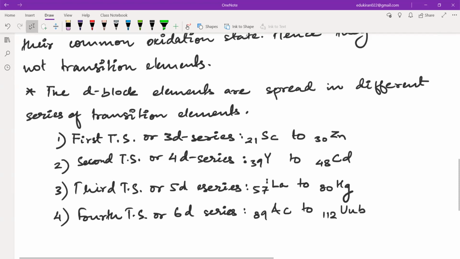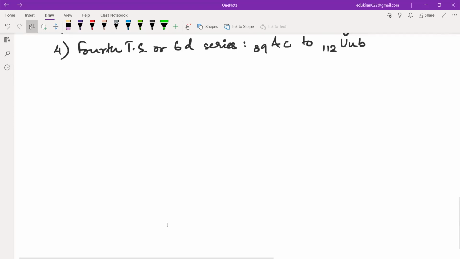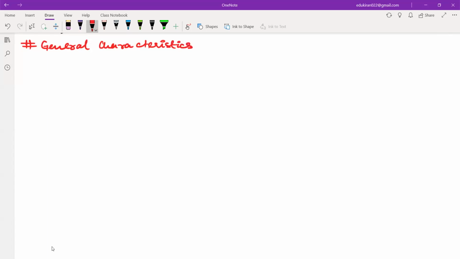Okay. Now, starting with the general characteristics of the D block elements. So listen very carefully. The first is atomic radii.